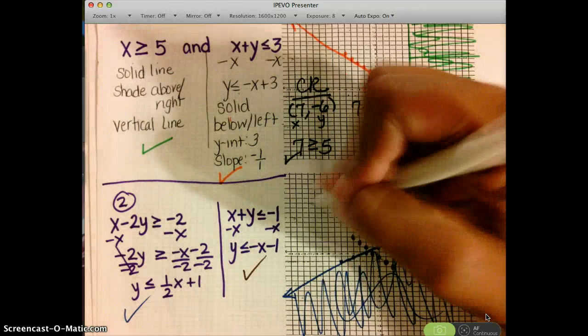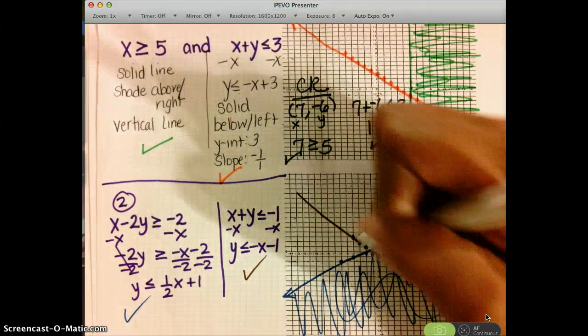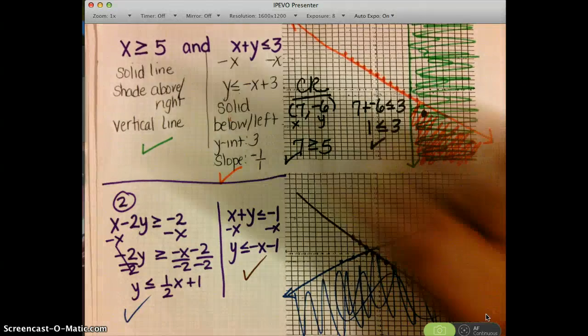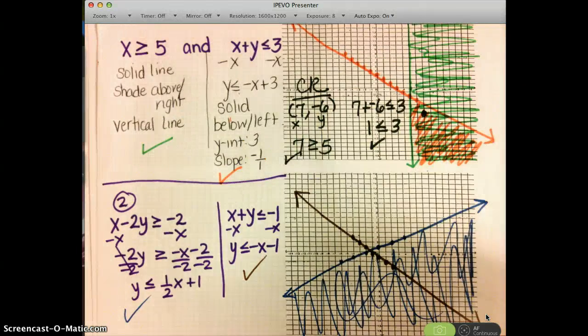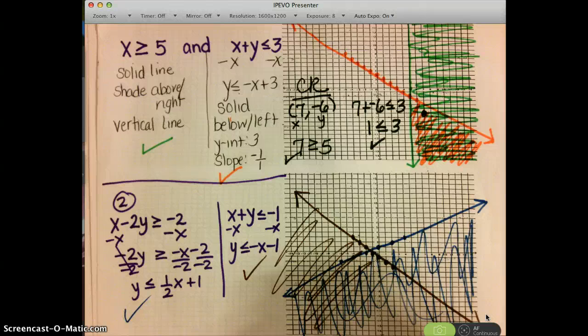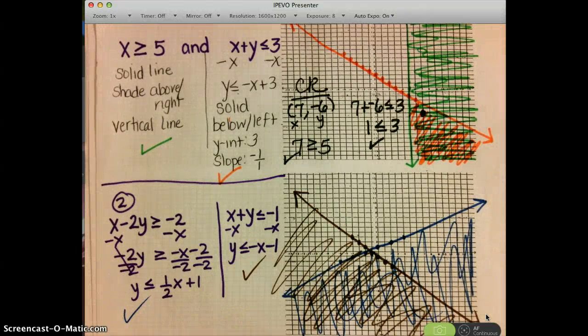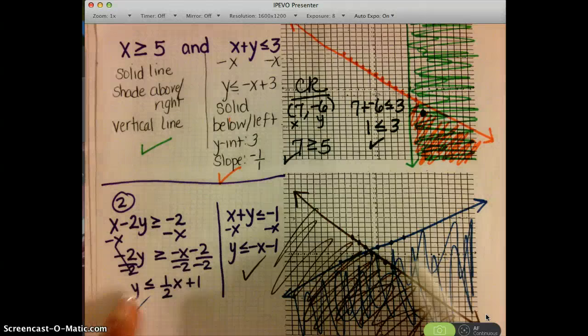Connect these with a solid line as well. And it says less than, so I'm going to shade below. So hopefully the region of intersection, or the overlap, is very obvious. And it's in this region.